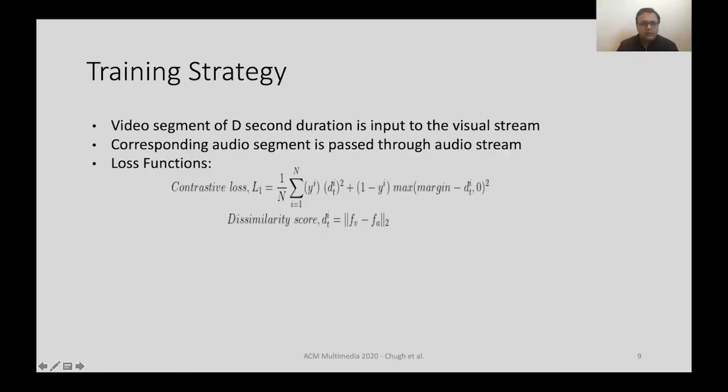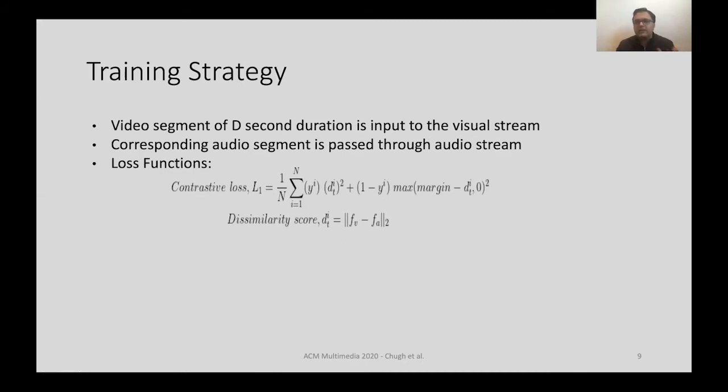Now let's discuss the training strategy. We input the video segment of D seconds into the visual channel and the corresponding audio segment into the audio channel. The first loss function which we use during the training is the contrastive loss, which is based on the dissimilarity score computed between the weights of the fully connected layer of the audio and the visual channel.